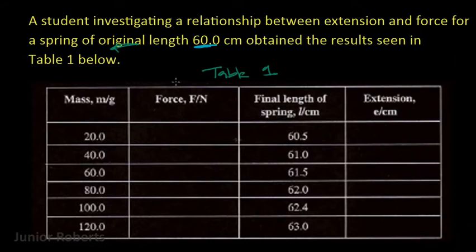So I'm going to first start with the force. Whenever an object is in a gravitational field, it will experience a force, and that force is what we refer to as the weight of the object. And there's a formula that we use to find the weight of an object.